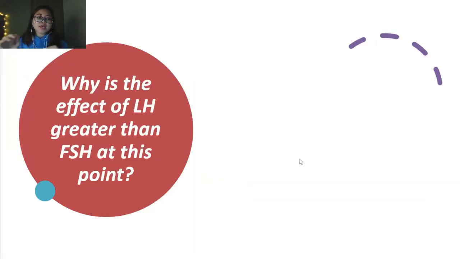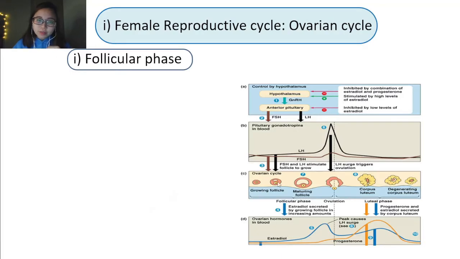Now, why is the effect of LH greater than FSH at this point? Sebab kalau kita tengok di graf ini, semakin banyak pula LH dan kesan dia semakin besar. Disebabkan ada LH, itu follicle semakin matang dan itu estrogen pun semakin banyak.